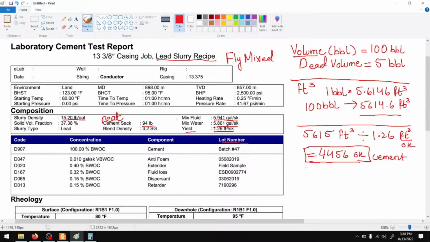The next step is to calculate your mixed fluid volume. That's a very simple calculation.